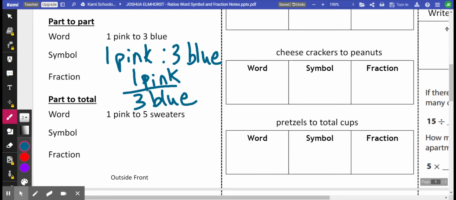A part to total would be 1 to 4, where you would add these two colors up for the total number of colors. So, for example, for part to total, we have 1 pink to 5 sweaters. So, 1 pink, colon, 5 sweaters.